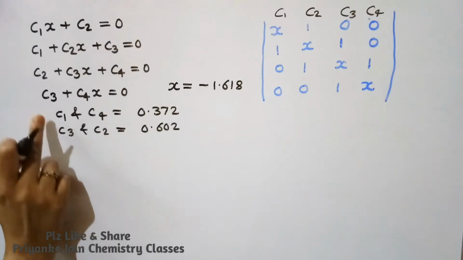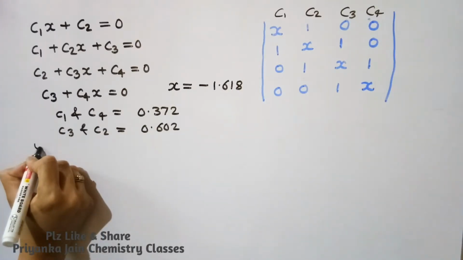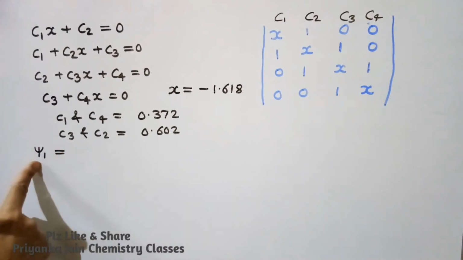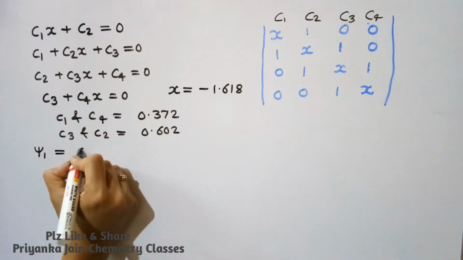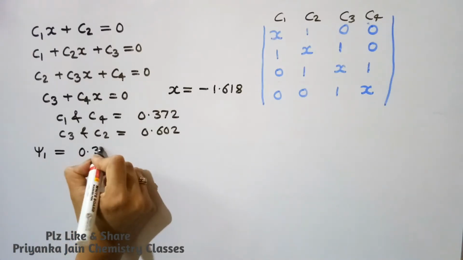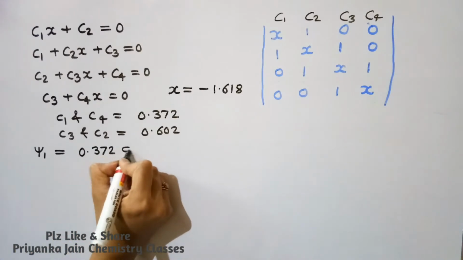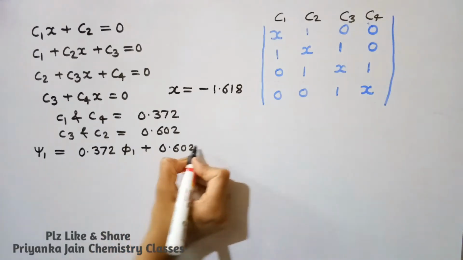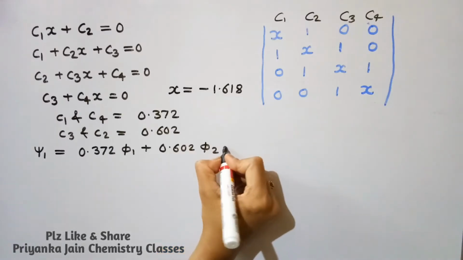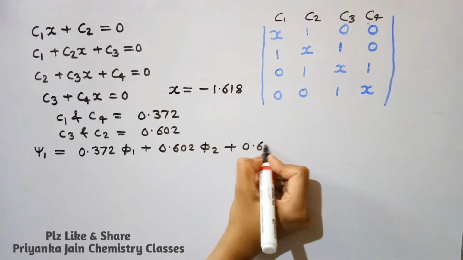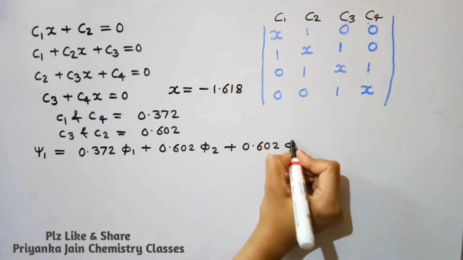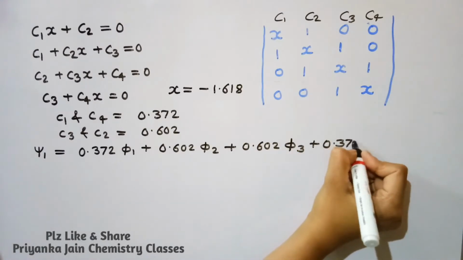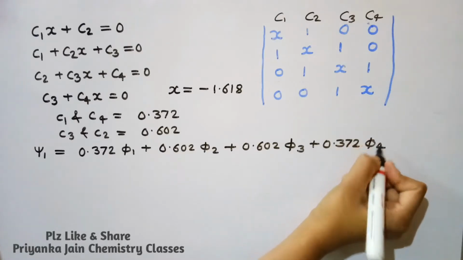And then we have to put these values in the wave functions, so that we are getting 4 different wave functions. First one is psi1, so its value will be equal to 0.372 φ1 plus 0.602 φ2 plus 0.602 φ3 plus 0.372 φ4.